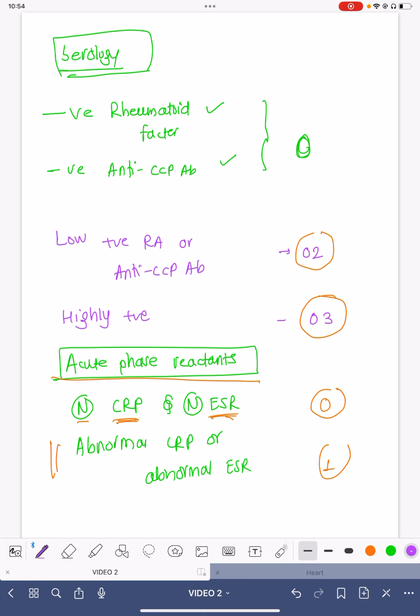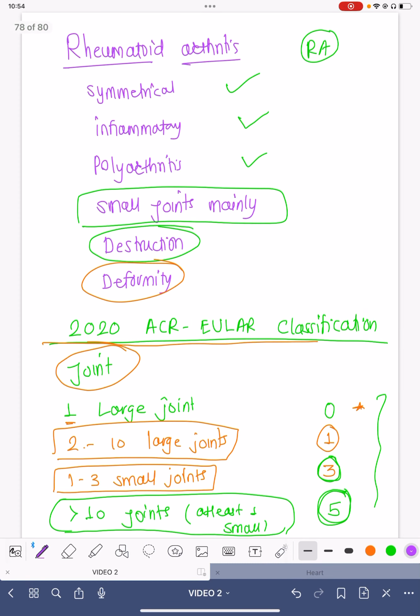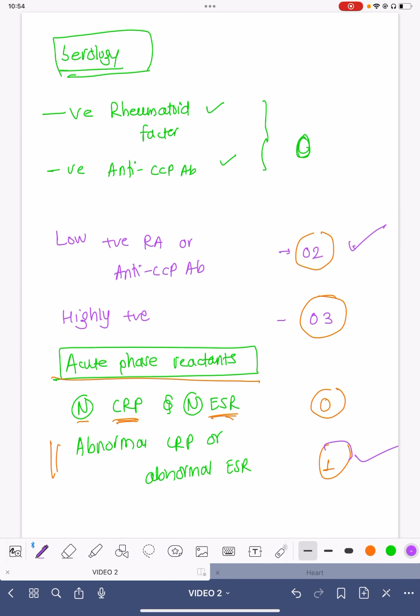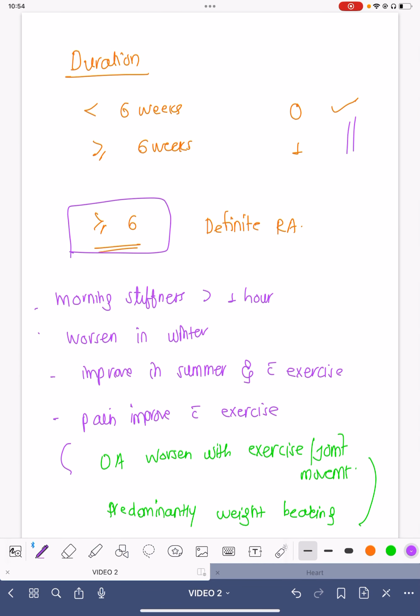Even if it is positive in small titers, the score will be 2. If CRP and ESR, which are most of the time high, the score will automatically become 1. So 2 plus 1, 3. Here with around 3 to 4 it is already 6. You don't have to go further. So this is very interesting and very nice criteria to remember.